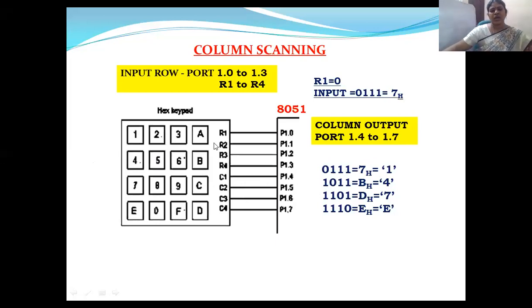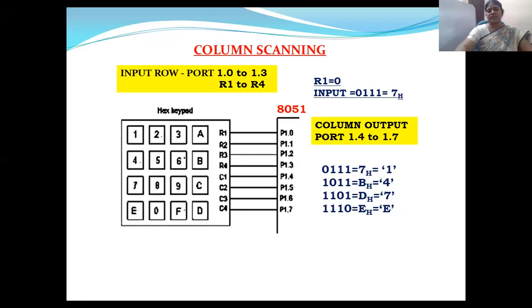Just imagine you have the keypad like this. This is the column I am identifying: 1, 4, 7, E. If 7 means third, that is the third column, so third I have to make 0.